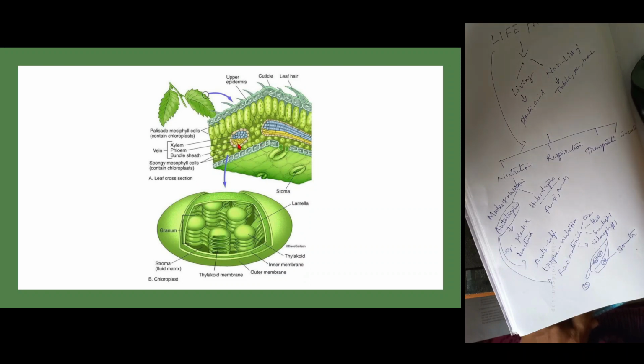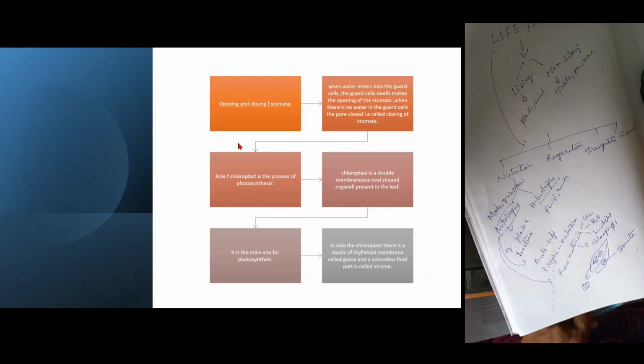With the sun rays, carbon dioxide and the raw materials, the leaf is preparing the food. That food is stored in the phloem, and from the phloem it is transported to all parts of the plant body.